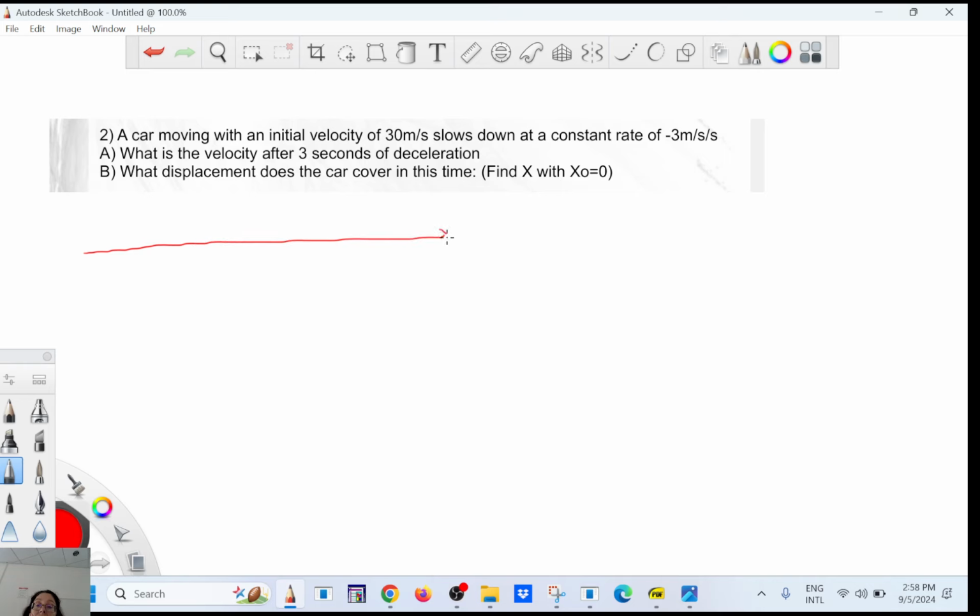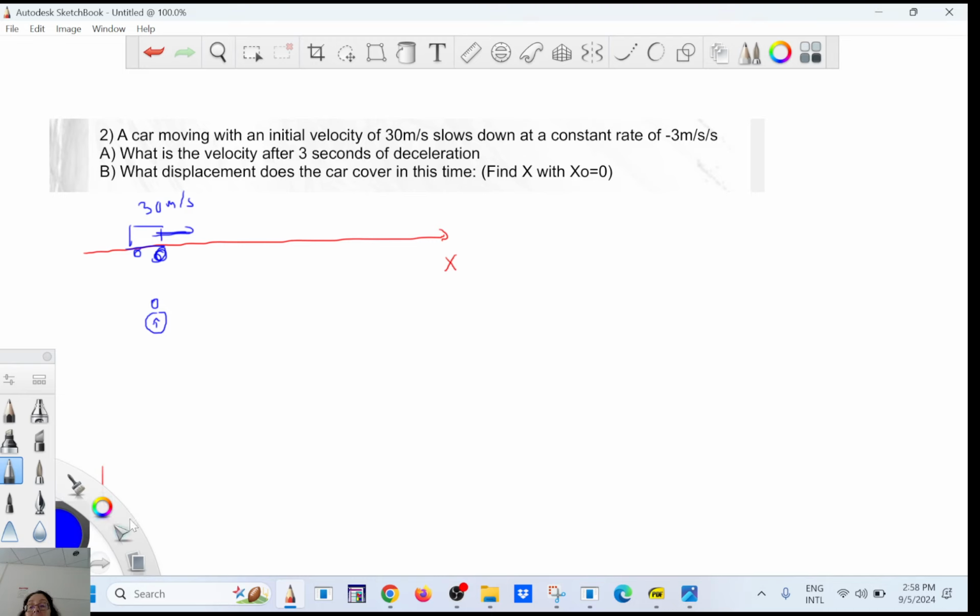Okay, you can always make a drawing. Initial velocity here. You can make your car here. Initial velocity is 30 meters per second. So that's the initial. That's when you start your stopwatch. And then what's going on?